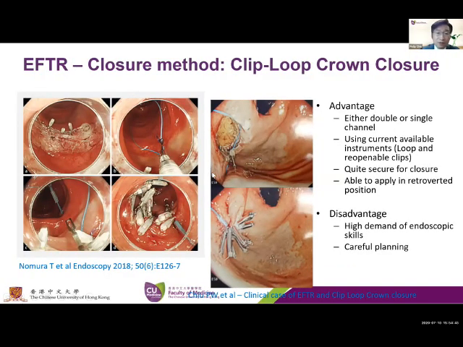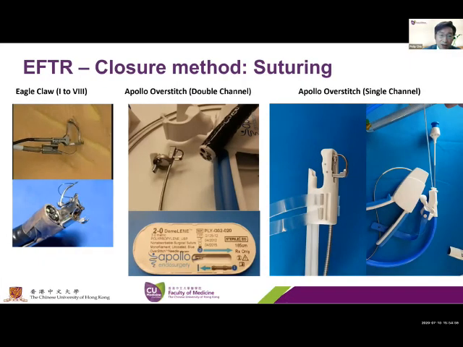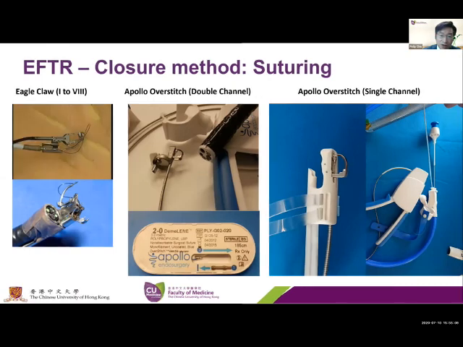If you have a small defect, one of the methods to use is actually clip and loop crown suturing to close. That's easier to apply, but it has a high demand for endoscopic skill and also needs careful planning. Generally I use a full OverStitch, and it can be divided into single channel, and currently there's also a double channel and also a single channel version of this OverStitch.